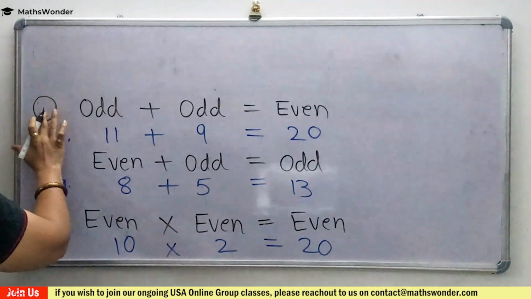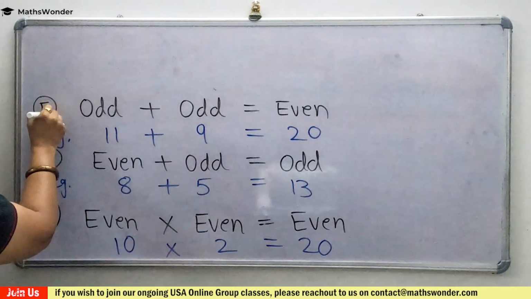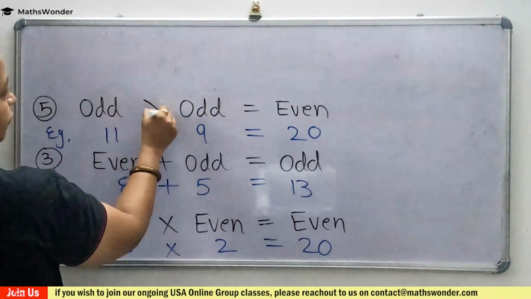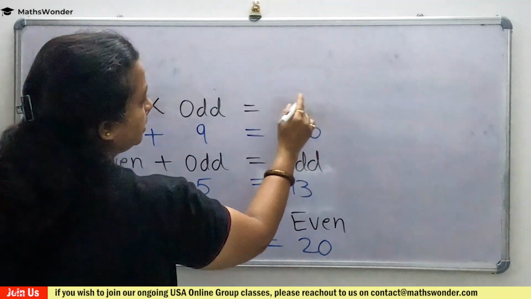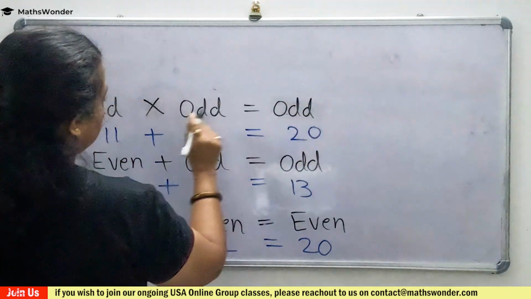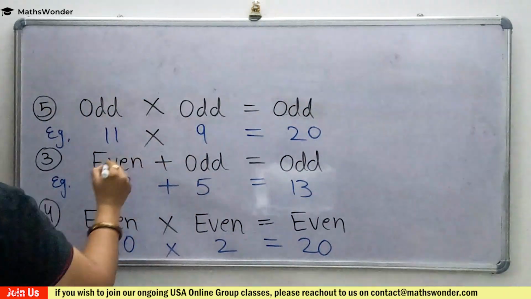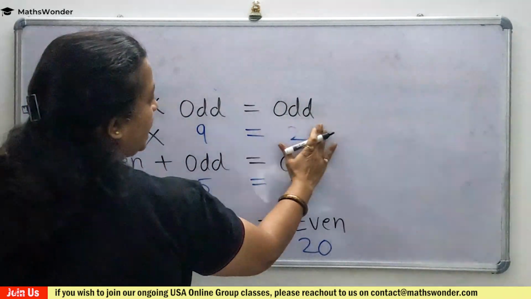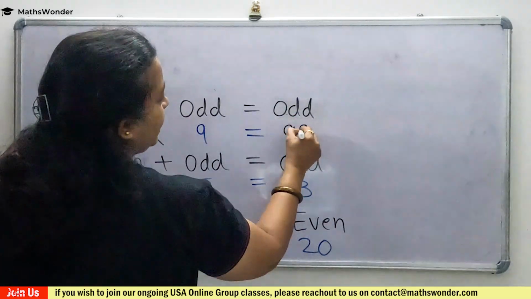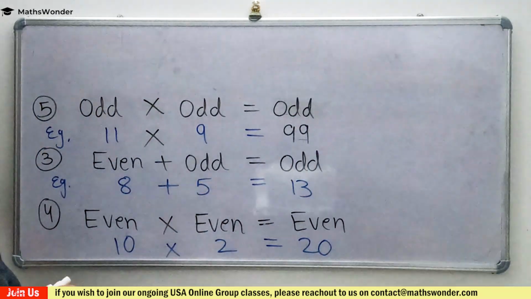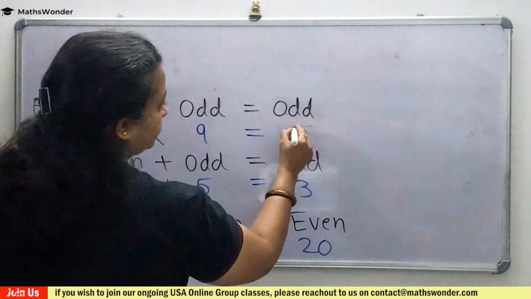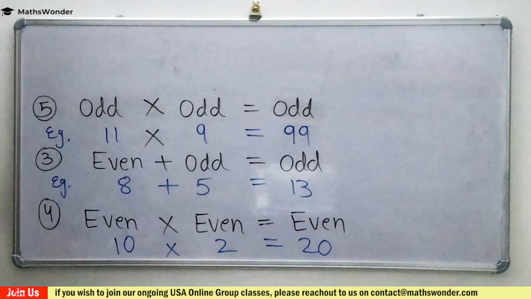So the fifth is: the product of two odd numbers is odd. Suppose 11 times 9 is 99, which is again odd.